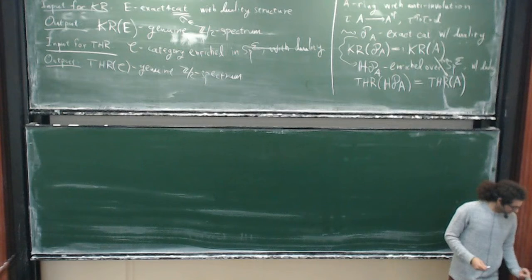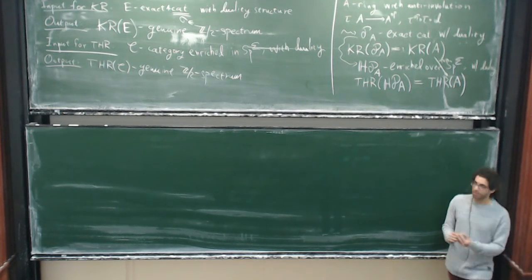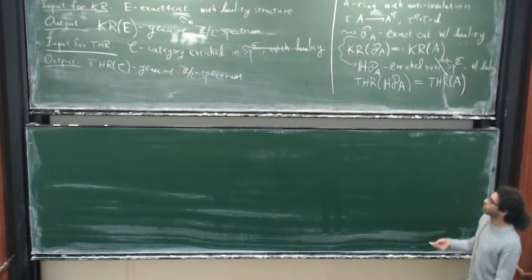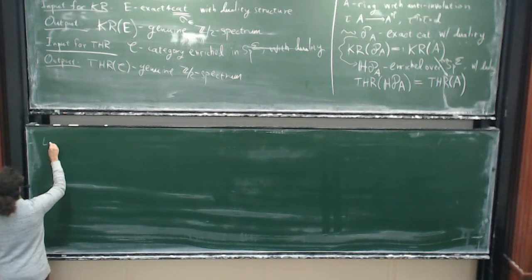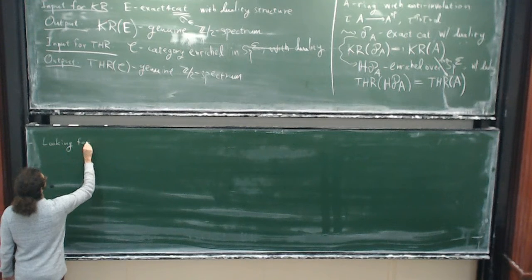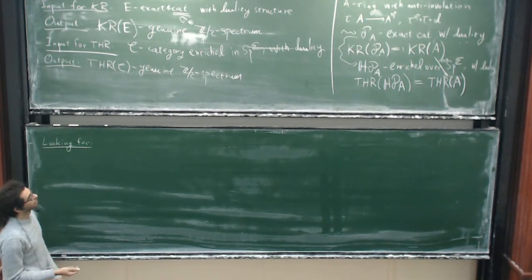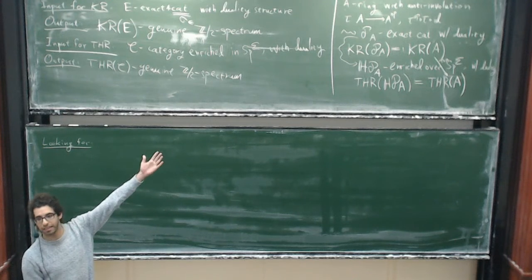Okay, so let's try to generalize. In what way do we want to generalize? So the slogan is we're looking for something that, okay, so here we have a ring with anti-involution.